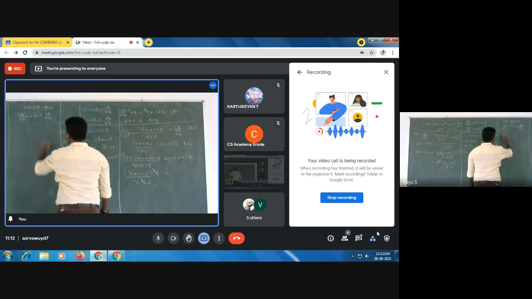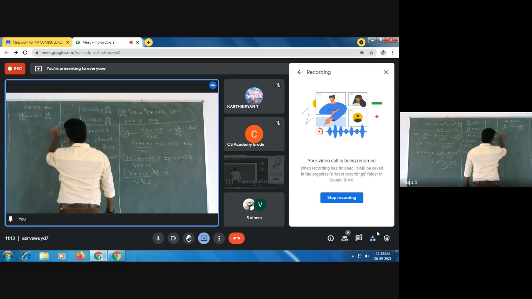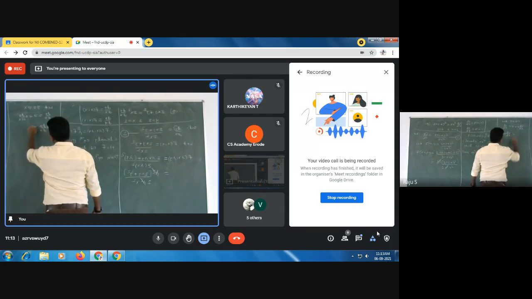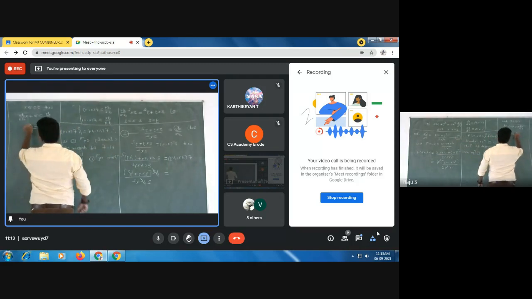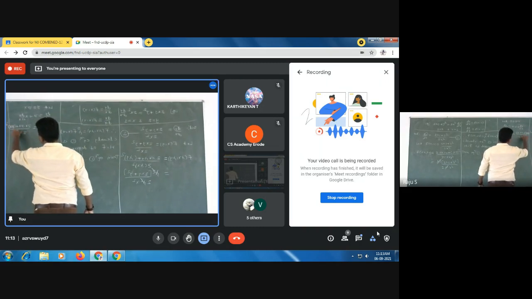Then substitute both values in equation 1. So v plus x dv by dx is equal to, on the right side, 2x into vx plus vx the whole square by 2x square.